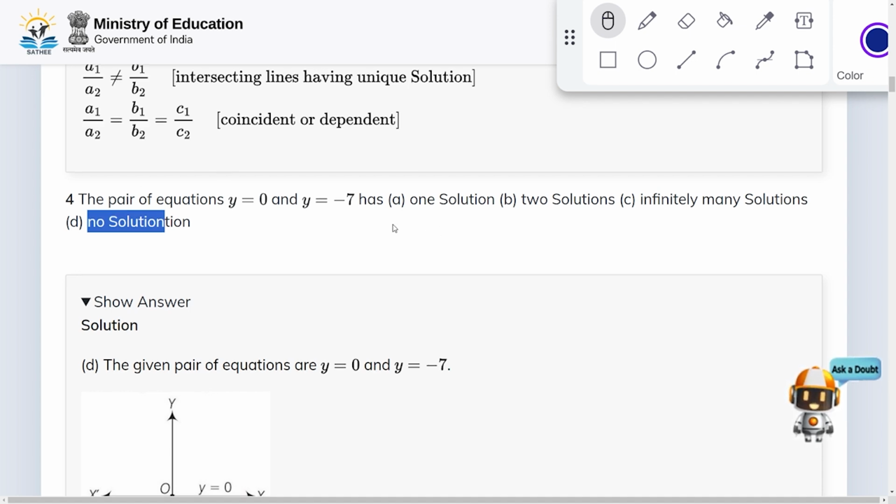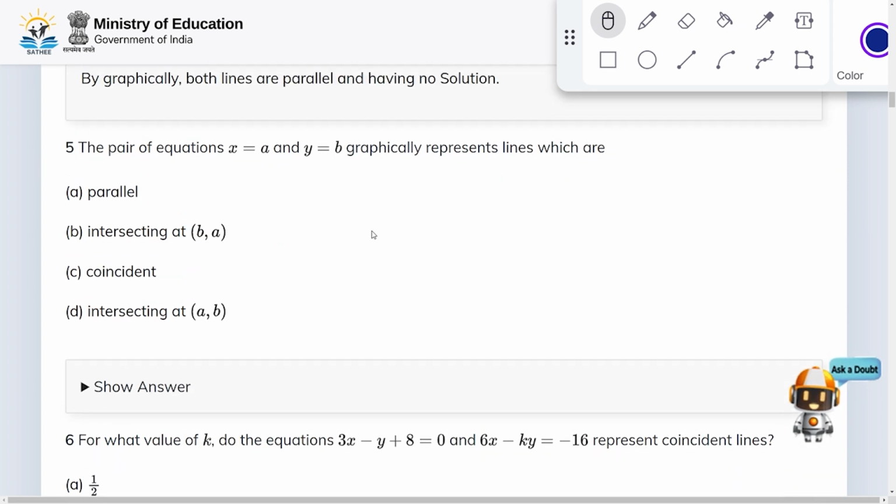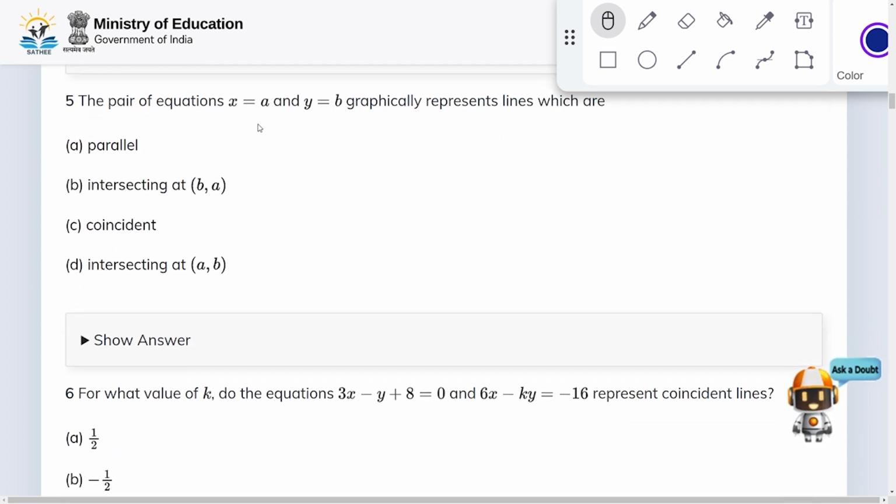Now let us move to question number 5. In question number 5, we have the pair of equations x equal to a and y equal to b, and we have to graphically represent the lines.